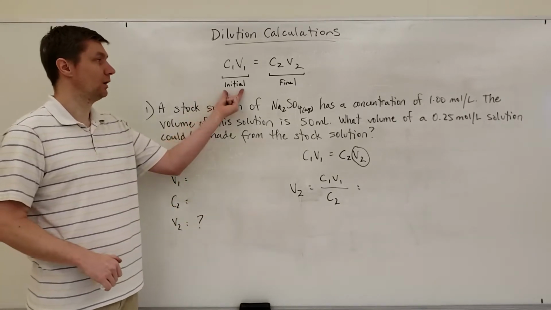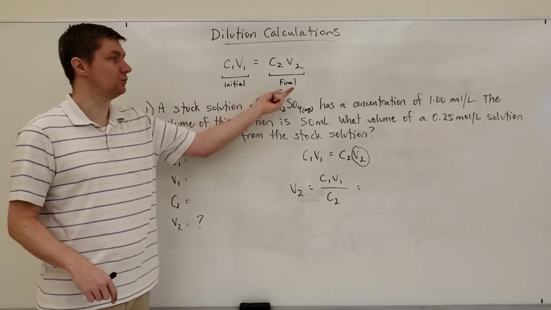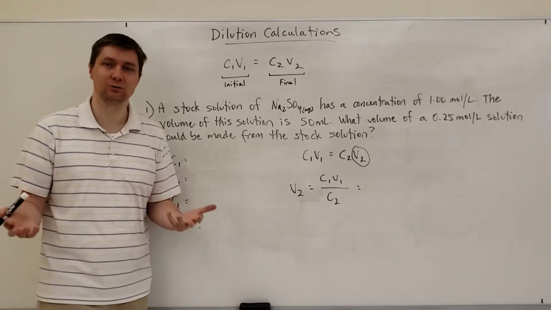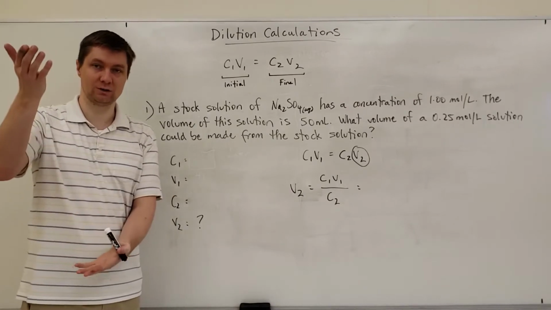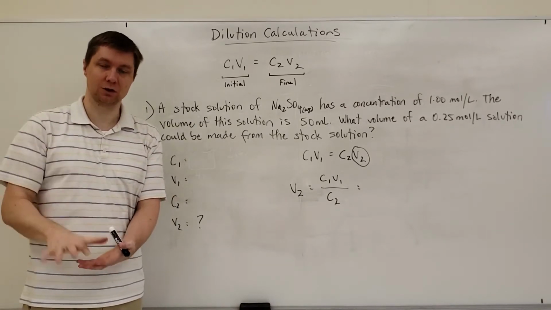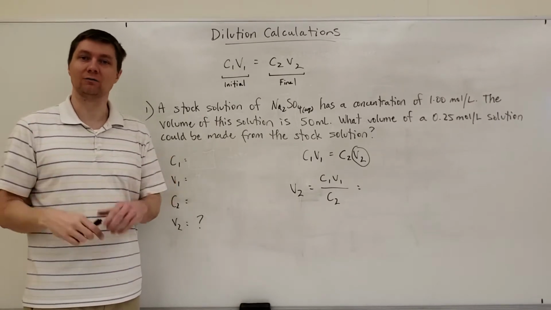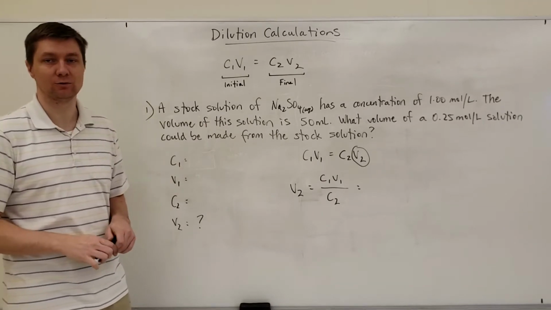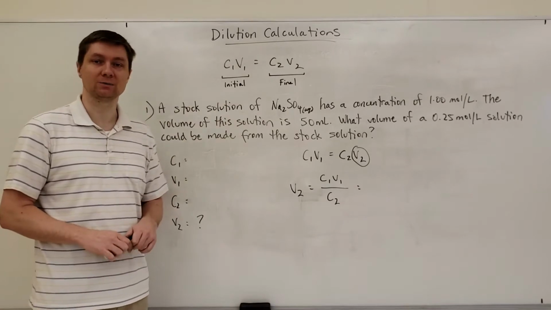And so the ones are the initial concentration and volumes, and the twos are the final concentration and volumes. And you can see that if you think about a dilution, for example, if the volume of the solution increases, then that's going to mean that the concentration is going to decrease. And so those two are inversely proportional to each other, thus why we see the formula look very similar to Boyle's law.